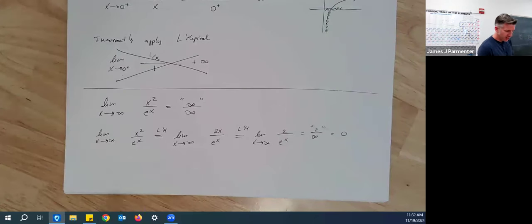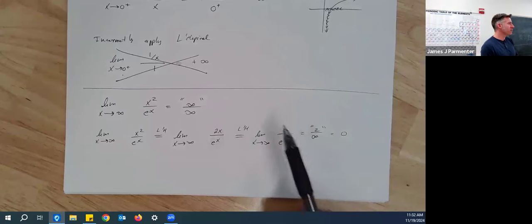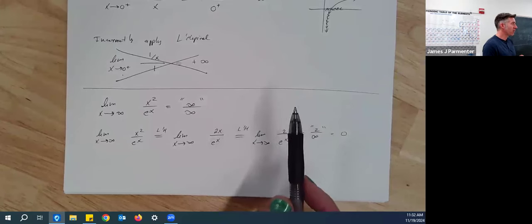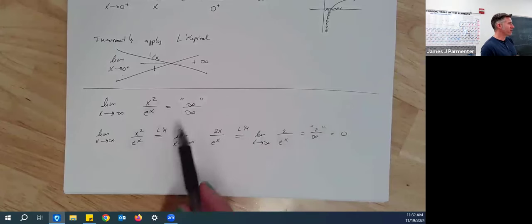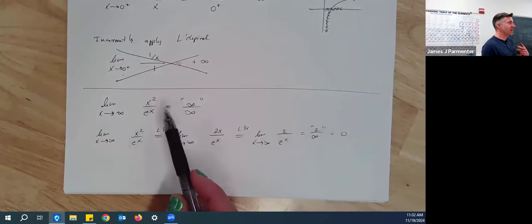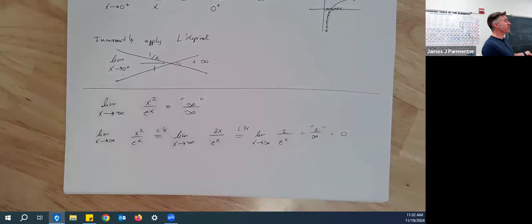So I just want to point out that it wouldn't have mattered if we'd had x squared or x to the 200th power. The e to the x derivative is always going to be e to the x, whereas the derivative of any polynomial, if you do it enough times, eventually gets down to a constant term.